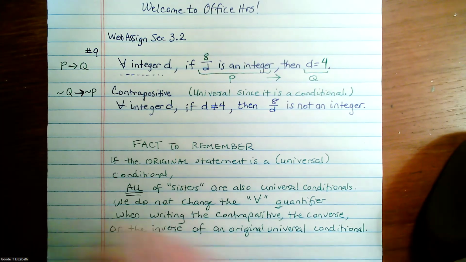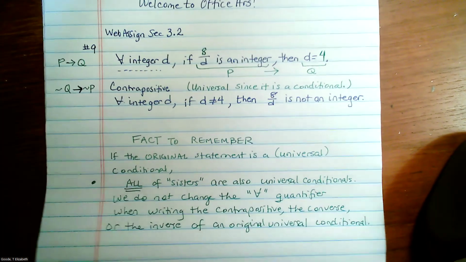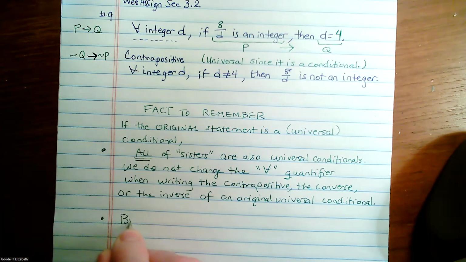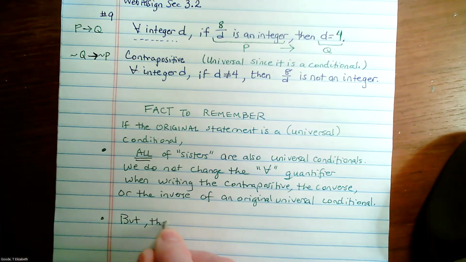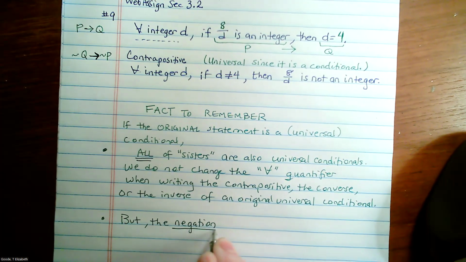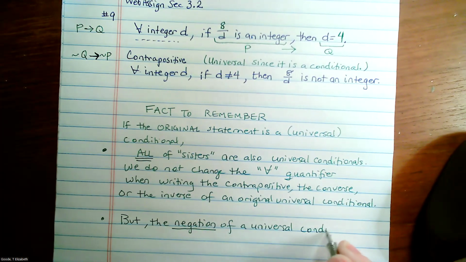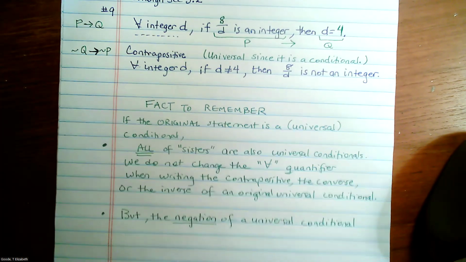So that's kind of the first point. But then we can also remember that the negation of a universal conditional is an existential statement, and it's not a conditional, because if it was a conditional, it would be universal.